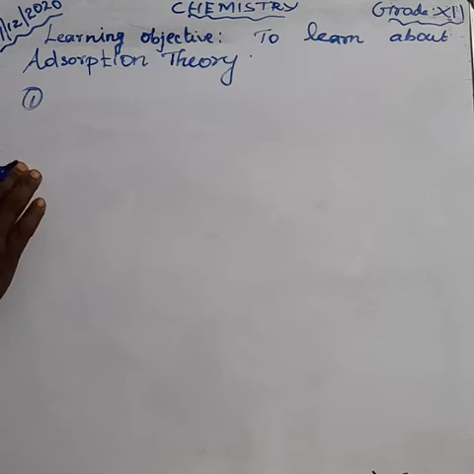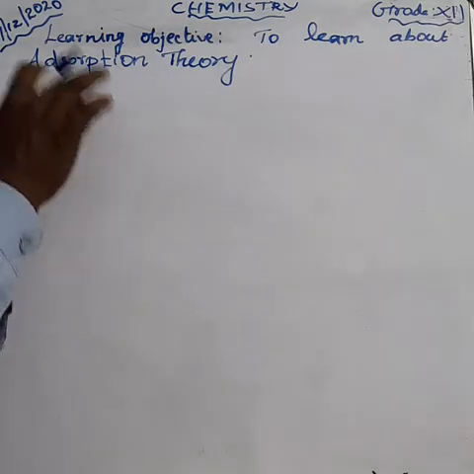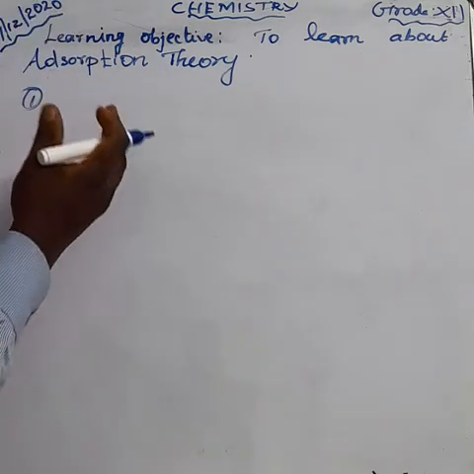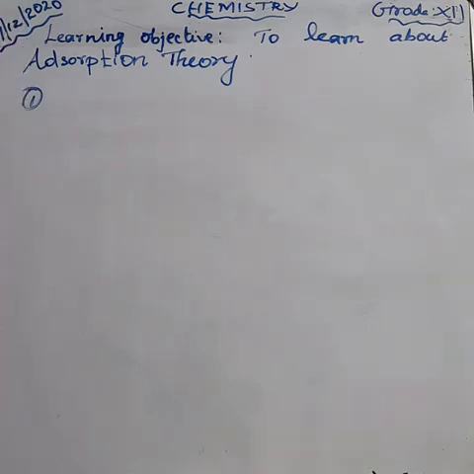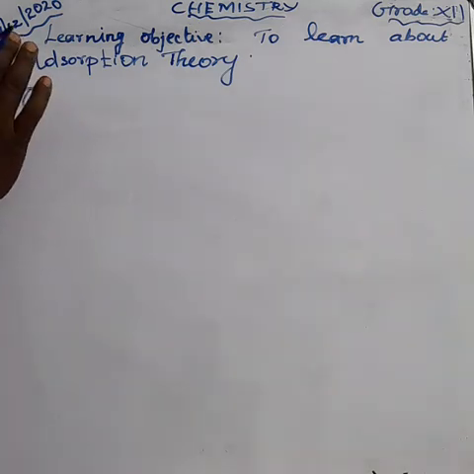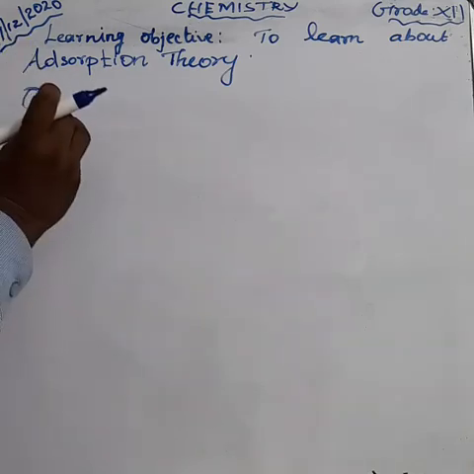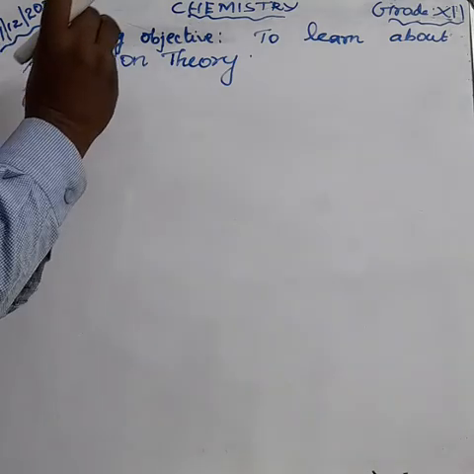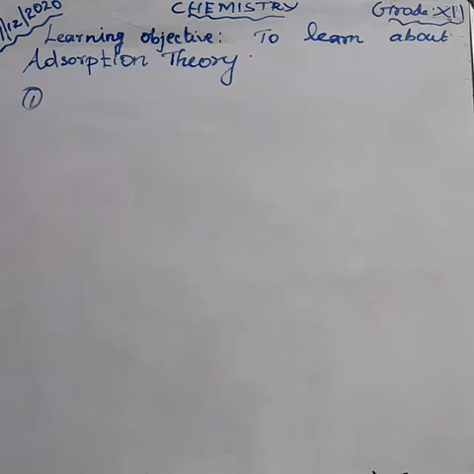For better understanding, I am drawing a small diagram about this adsorption theory. The first one, I told, is that the reactant molecule diffuses from bulk to the catalyst surface.